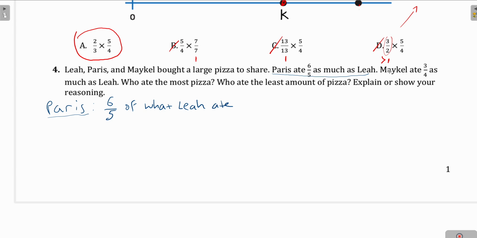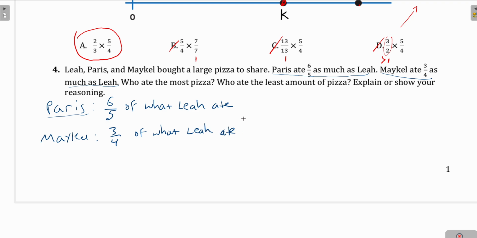Okay, it says here that Michael ate 3/4 as much as Leah. So Michael ate 3/4 of what Leah ate.